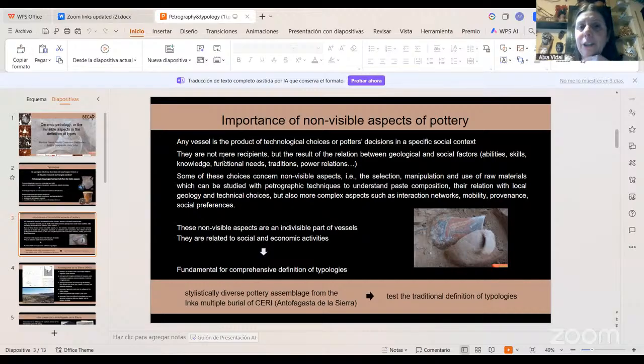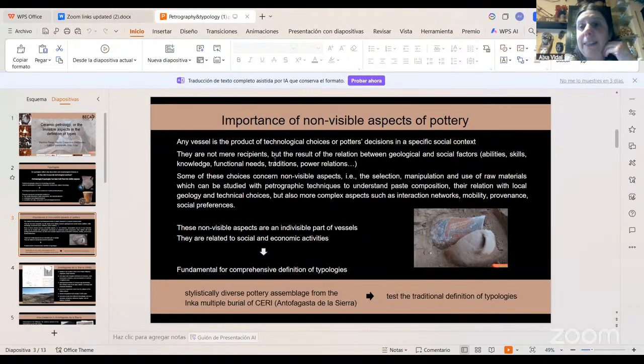Potters are not mere recipients, but the result of a relationship between material things like geological conditions and social factors that affect abilities, skills, knowledge, functional needs, traditions, and power relations. All these aspects should be reflected in typology.